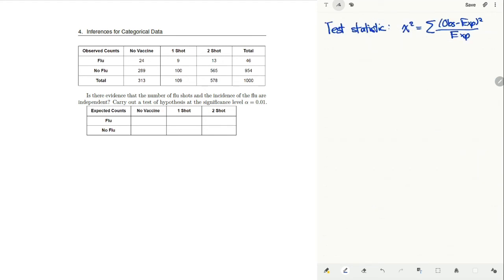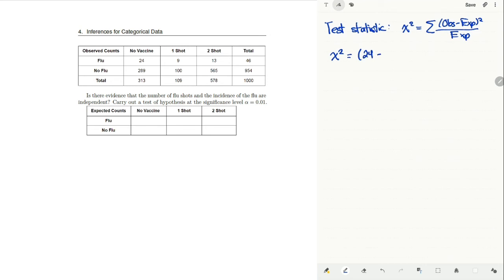So now we can calculate our test statistic. We'll take the observed minus expected squared and divide it by the expected, and then add all of these values for each of the cells. So for the no vaccine and the flu group, we have an observed count of 24.